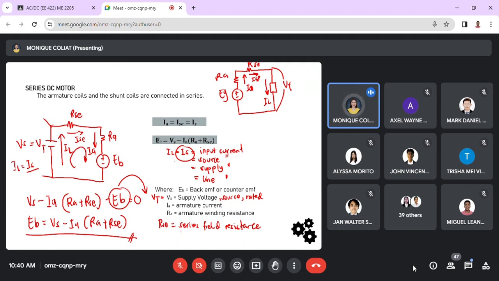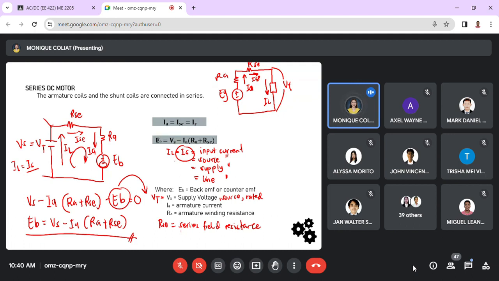Bakit po minus EB? Kasi po dun sa flow ng ating pag-ikot, yung pinakahuling na daanan is negative. That's why it's minus EB equals 0. Then we will get EB equals VS minus IA times (RA plus RSE). Okay? So that is how you get the equation for a series DC motor.